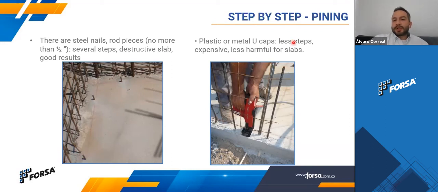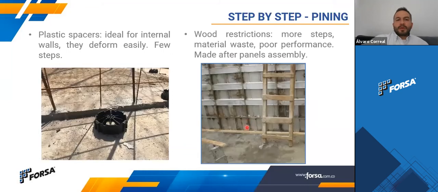Now this one here is another option. You can use plastic or metal U cups like you do in gypsum or this kind of construction. These plastic spacers are very used in some markets. It's a good one.